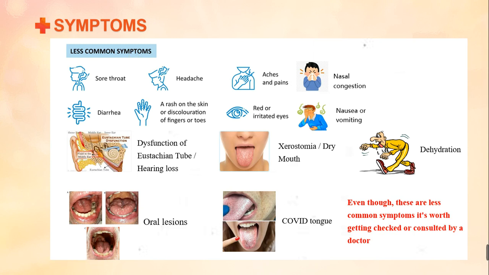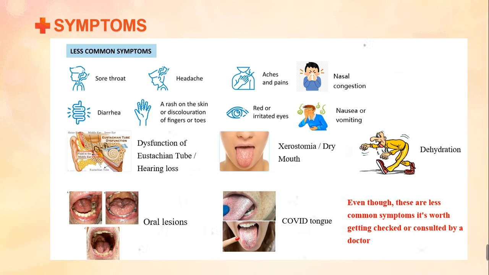Because right now in the mutated version of COVID-19, people are having more gastrointestinal disease like abdominal pain, diarrhea, even nausea and vomiting, GERD. There are so many kinds of abdominal or gastrointestinal disease.